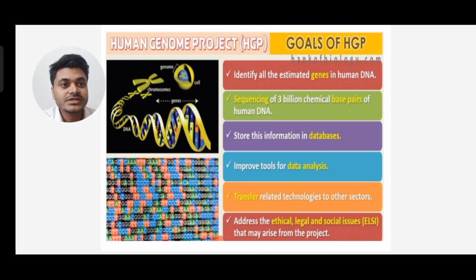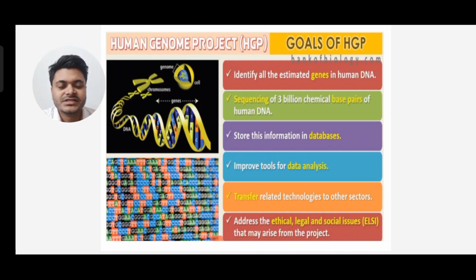Second, sequencing of 3 billion chemical base pairs of human DNA. Next, we have to store this information in a database. Fourth, we have to improve tools for data analysis. Next, transfer related technologies to other sectors. And last is to address the ethical, legal and social issues, that is ELSI, that may arise from this project. So these are the goals of HGP.